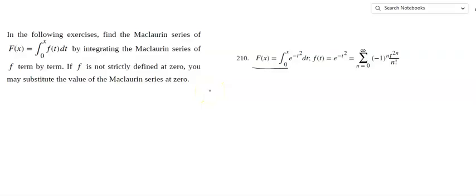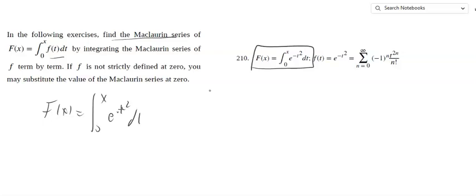Suppose I want to integrate this, and here it says specifically, find the Maclaurin series for this integral. So using the Maclaurin series, f of x is the integral from 0 to x of e to the negative t squared dt.